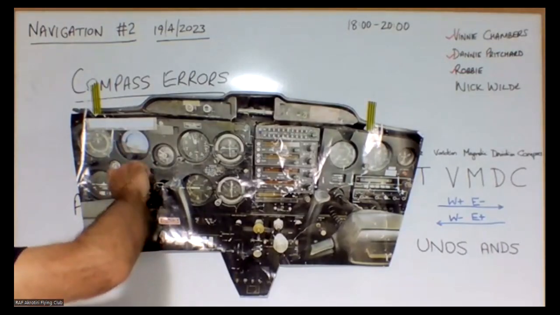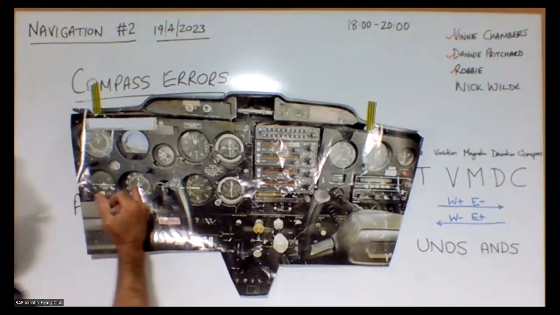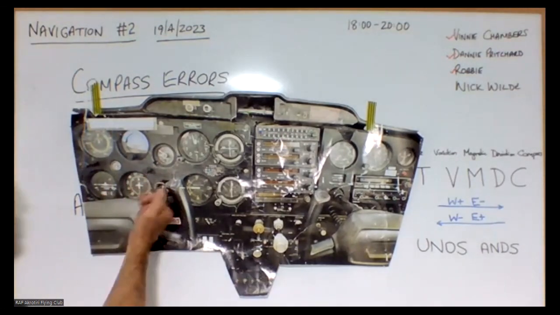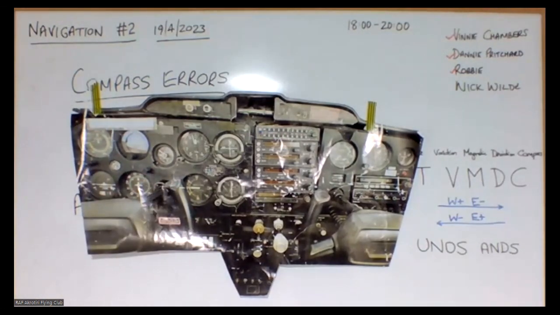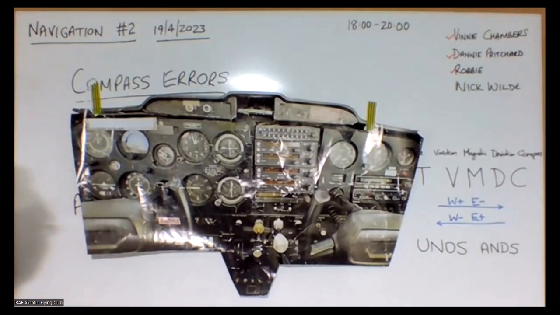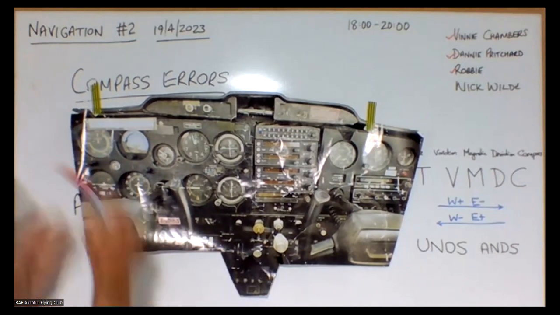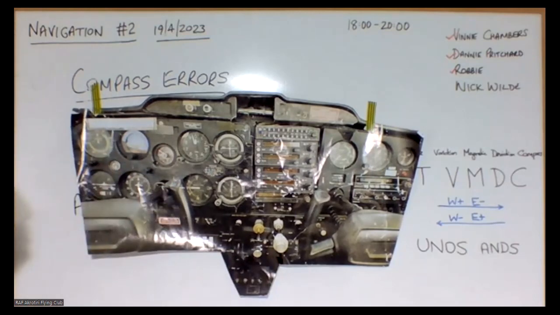So in other words, we use the gyroscopically based instrument to turn onto, because the DI, being a gyro, doesn't suffer from turning errors and acceleration or deceleration errors. That's why we have a DI. If we had a compass there, it would suffer from turning errors, acceleration errors, and deceleration errors.